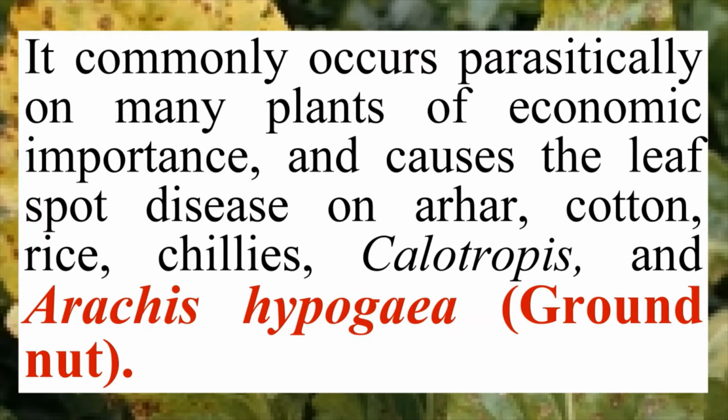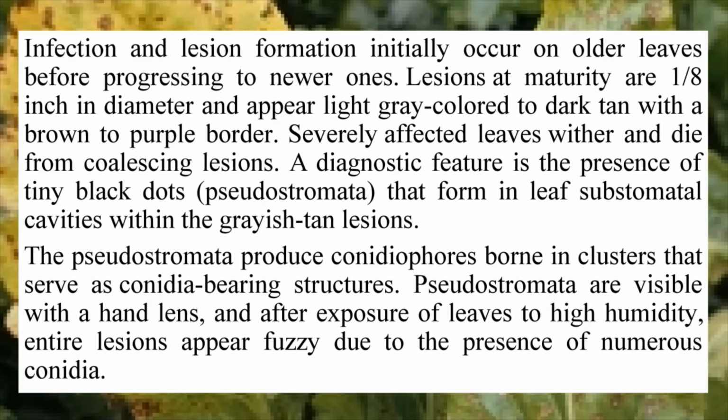The pathogen causes leaf spots in arhar, cotton, rice, chili, calotropis and many other plants, but it is predominantly damaging to the groundnut crop. Groundnut is Arachis hypogaea. The infections or lesions are formed in the older leaves first and spread to the younger leaves later.